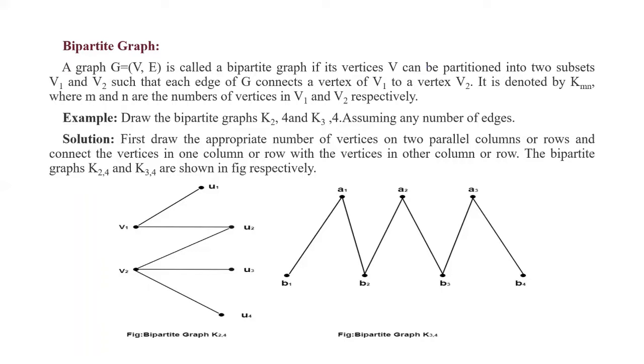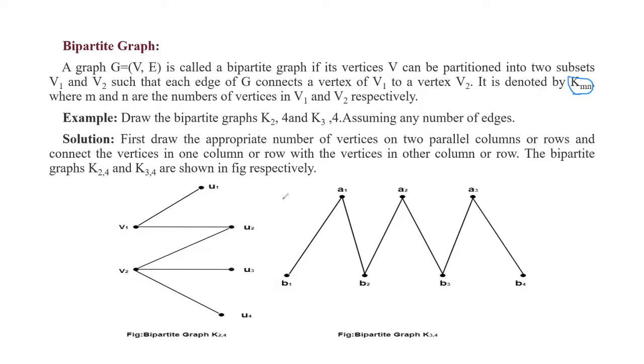But the vertices in V1 may be connected to each and every vertex of V2. So this is your bipartite graph. It is denoted by K(m,n), where m is the number of vertices of V1 and n is the number of vertices of V2. You can consider any V1 and V2.